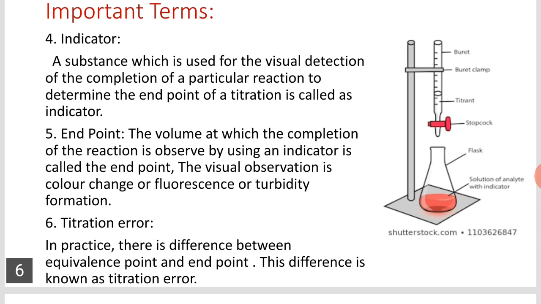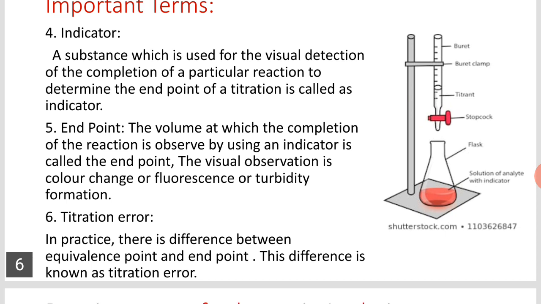Now, whenever we are performing an experiment, there may be some mistakes, and some precautions we have to take. If we don't take those precautions, we do not get the accurate value and some error occurs during the experiment. That error, in the case of titration, we call a titration error. The actual end point of the titration may be quite different from what we get in the experiment.